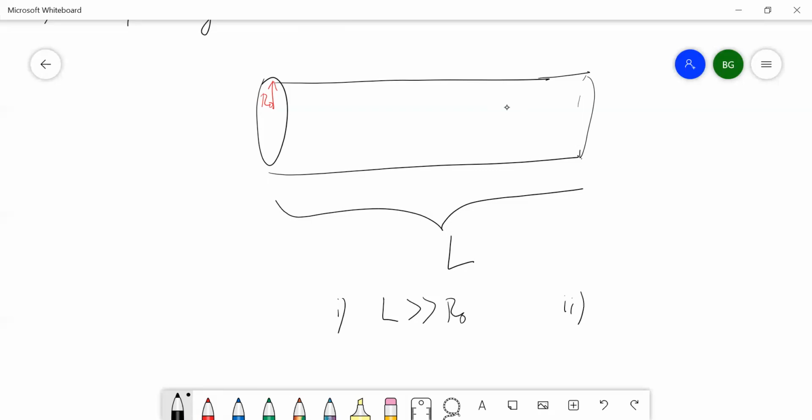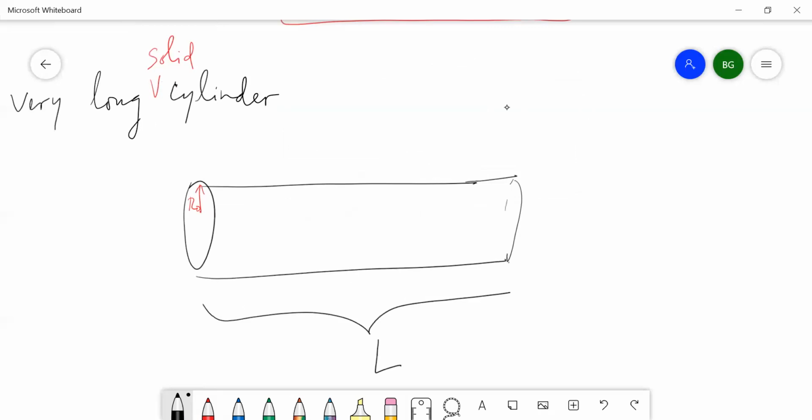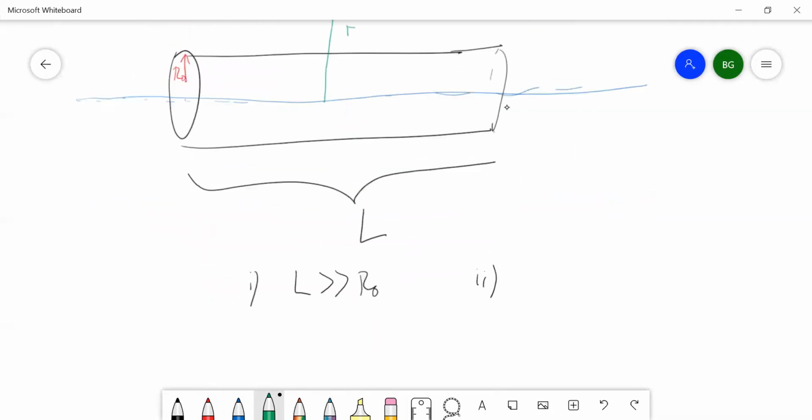And then if we take, let's say this is the axis, the cylinder axis. This is R here, and this L here is also much larger than the radius of the Gauss surface.